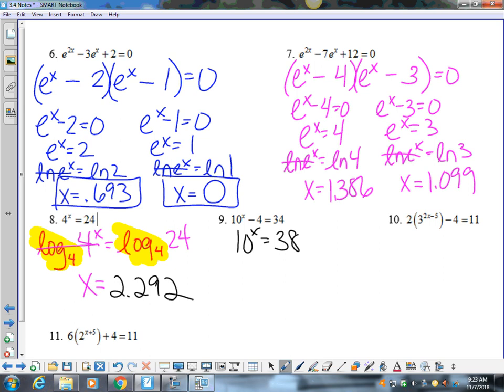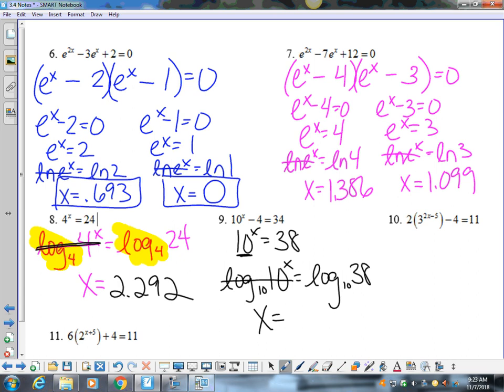So that is exponential, so I'm going to log it. Log base what? Log base 10, because that's the guy being raised to the power. So log base 10, 10 to the x, equals log base 10 of 38. Log base 10 of 10 cancels, just like the log base 4 of 4 canceled.